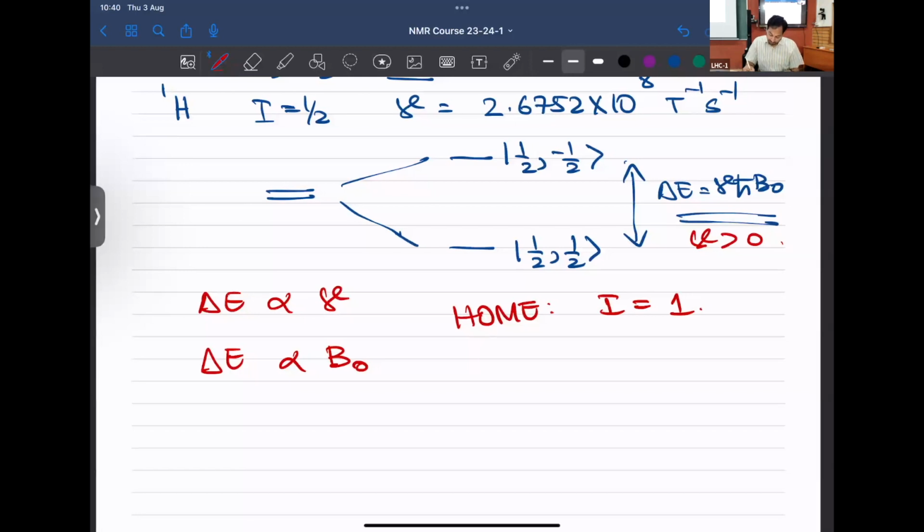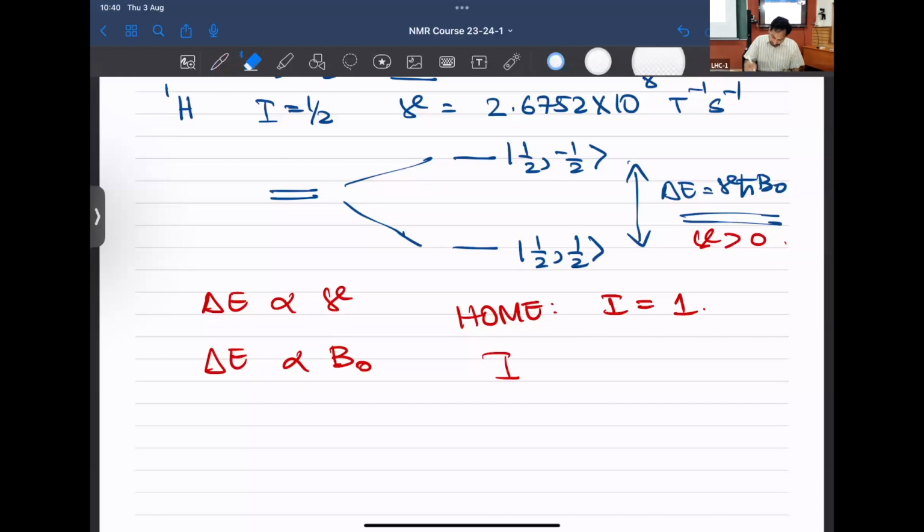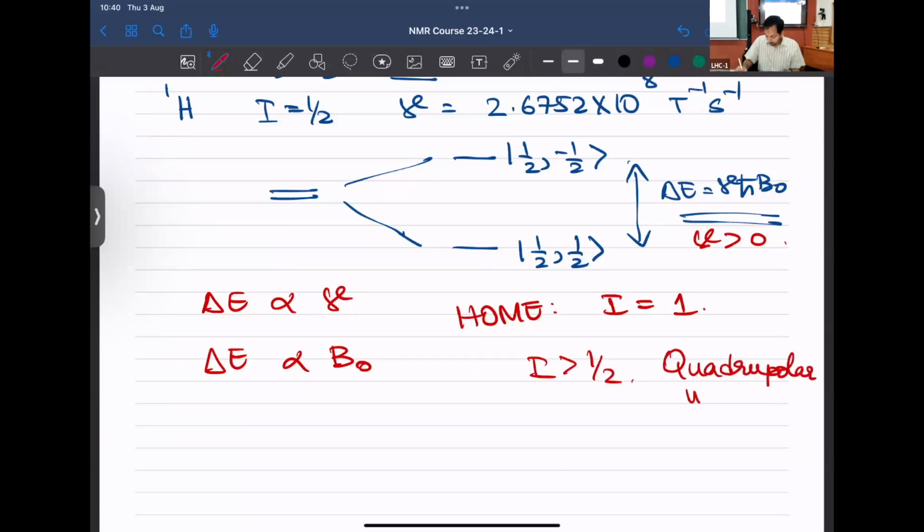Anything that has a spin quantum number greater than half is called a quadrupolar nucleus. Quadrupolar implies you don't just have magnetic dipoles, you don't just have a mu. In addition to magnetic dipoles, you will also have electric dipoles.